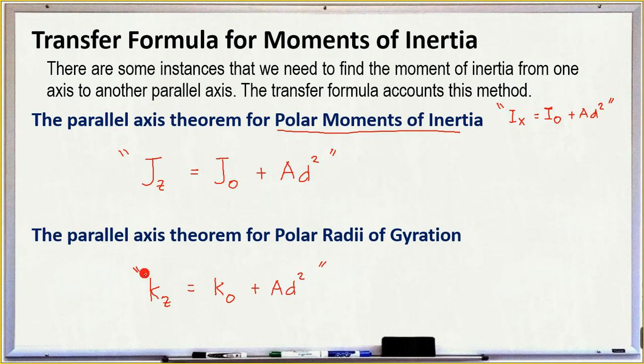This is the transfer formula, used for determining the polar moments of inertia and also the polar radii of gyration.